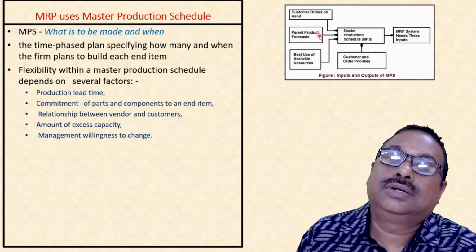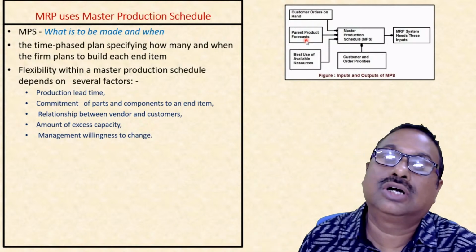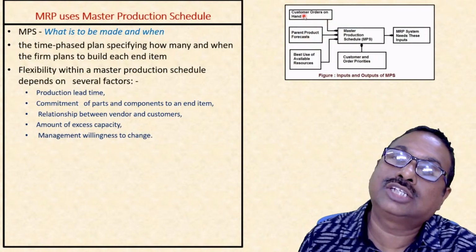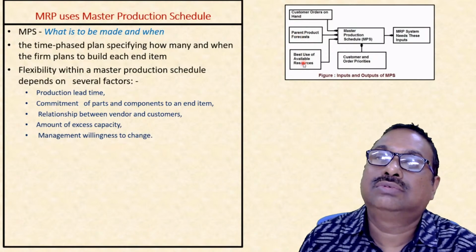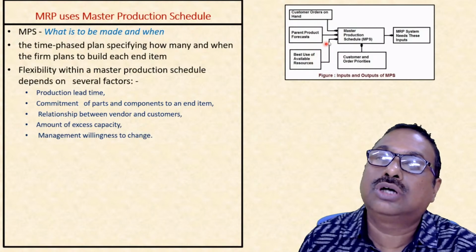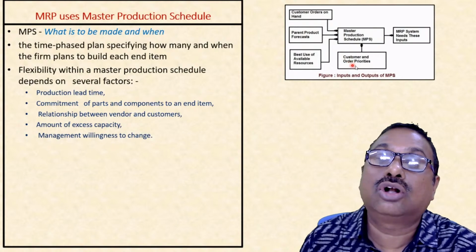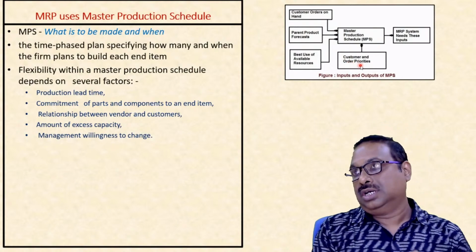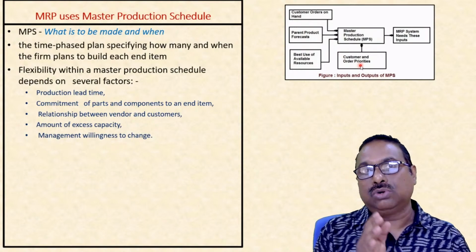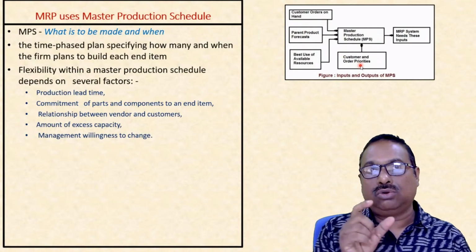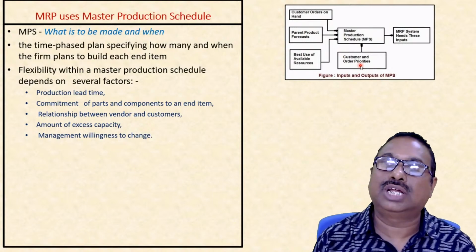Then parent product forecast, where you forecast your products. Next, order forecasting, so customer order, actual order plus forecasting. Then what are the resources you have? These three are the inputs of master production schedule. And of course other customers and order priorities. Suppose, as we have seen in pandemic time, you have to block all the items and manufacture only the COVID related item, specifically designed ambulance for COVID, right?